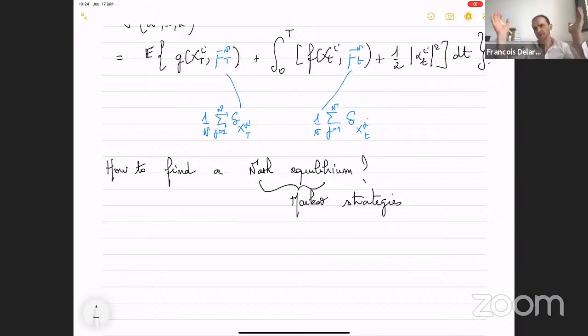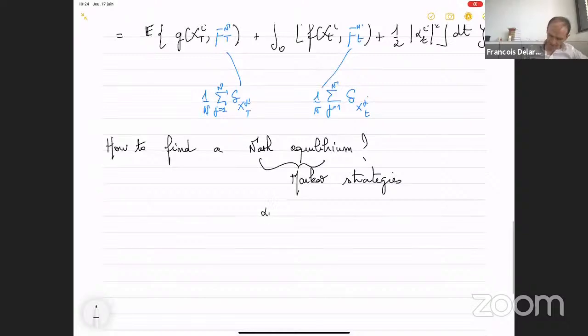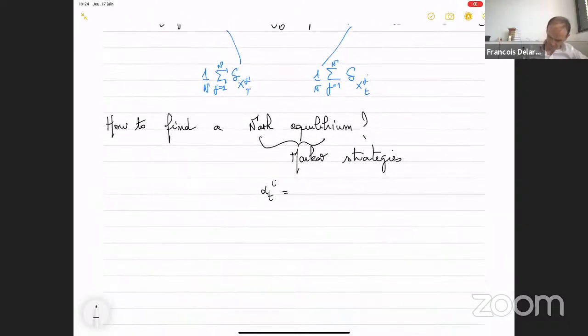So it really means that when you decide of the feedback of the strategy that you want to implement, you require alpha_t^i to be of the shape: this is your process, and you require it to be of the shape alpha^i(t, X_t^1, ..., X_t^N).